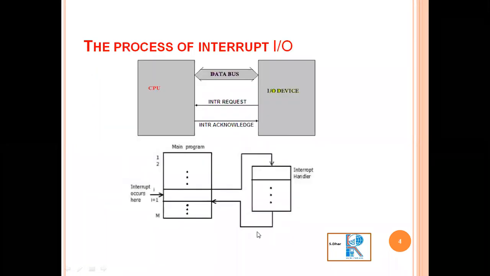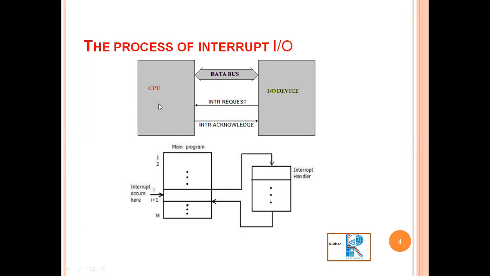Now, see what happens in interrupt driven IO. What is the process? Suppose this is the CPU. The CPU is working. This is the data bus. Using this data bus, IO is connected with the CPU. Now, when this IO device is ready to transfer the data, it will send one interrupt signal to the CPU. That means it will tell the CPU, see, I am ready to transfer the data.